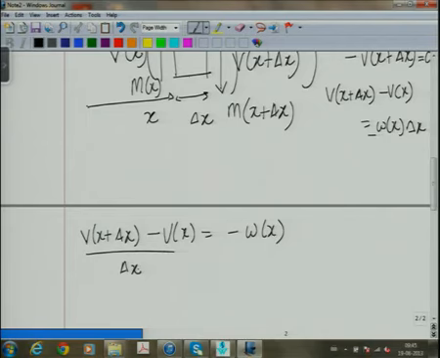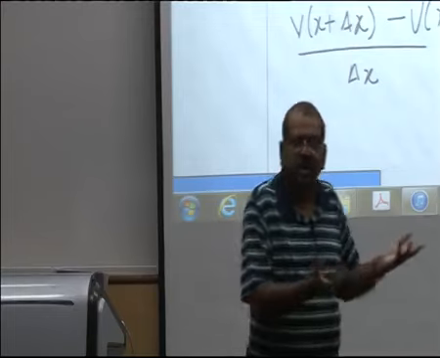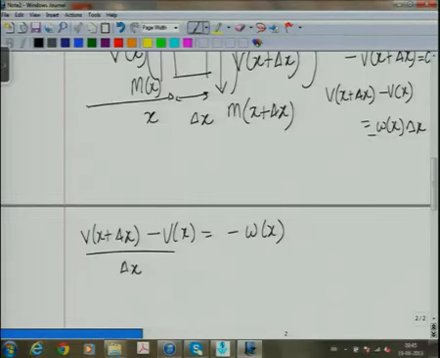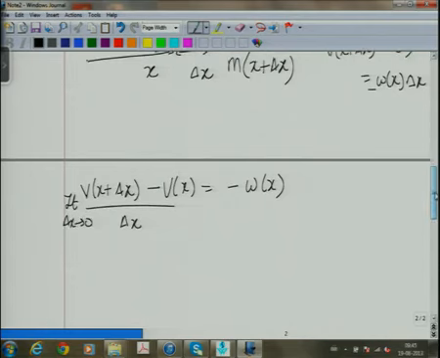What happens to the left hand side? It becomes the derivative, it will be dV by dx. So when we derive a differential equation for all these infinitesimal elements, this is how we do it. Then we look at the things in the limit delta x goes to 0. So this will become dV by dx is equal to minus W of x.